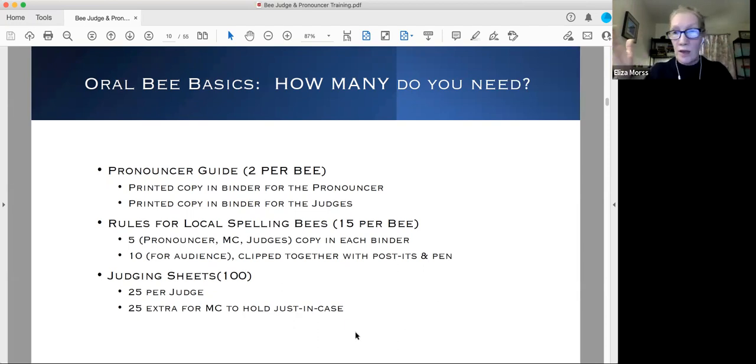Pre-printed is fine, but if you're desperate, you can just use loose leaf paper. We have occasionally run out of judging sheets, and loose leaf paper is what we've used for the reserves. So as I said, 25 per judge and 25 extra for the MC to hold just in case.